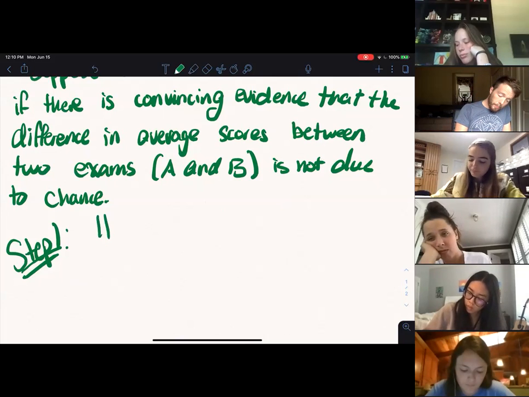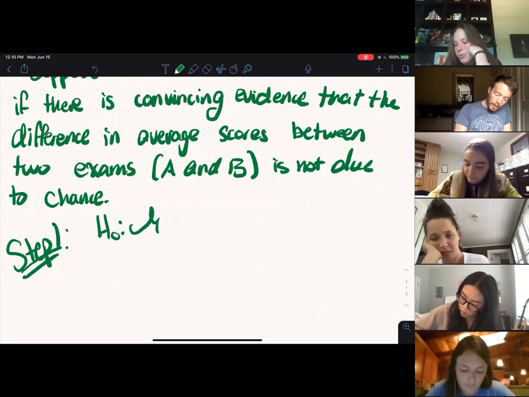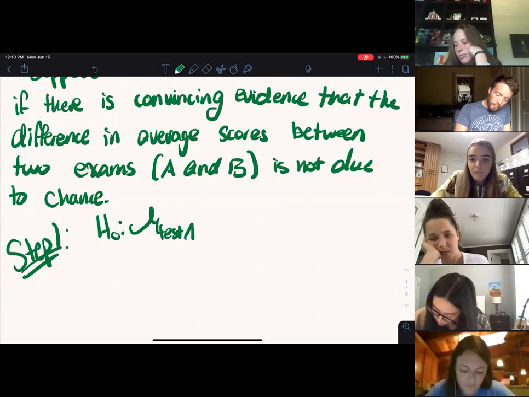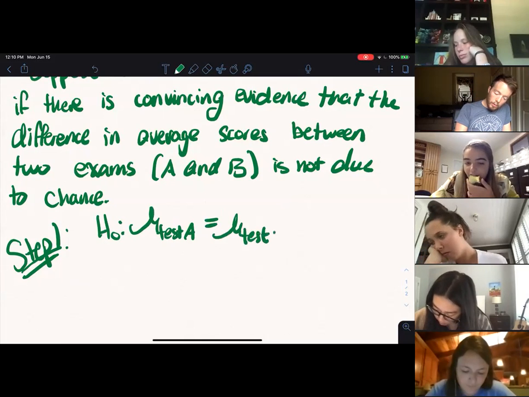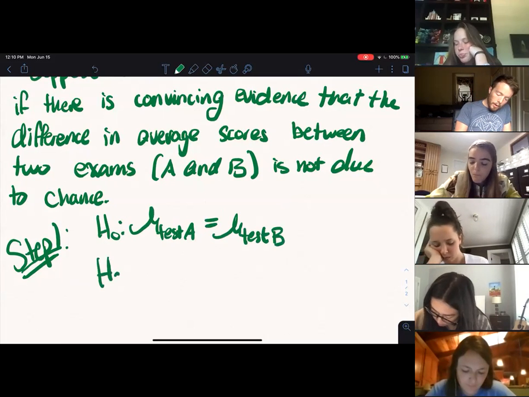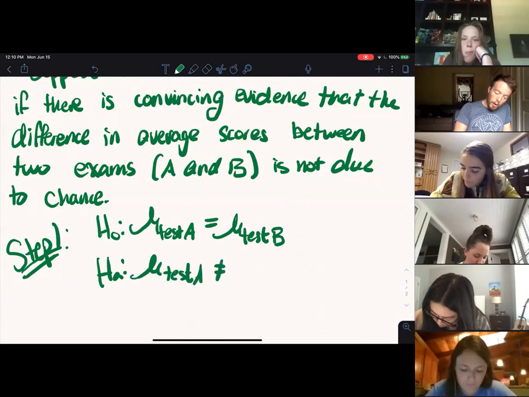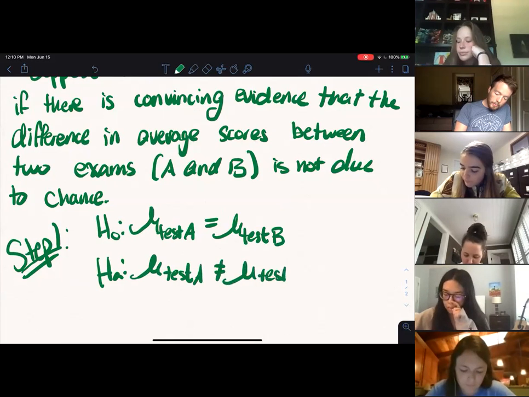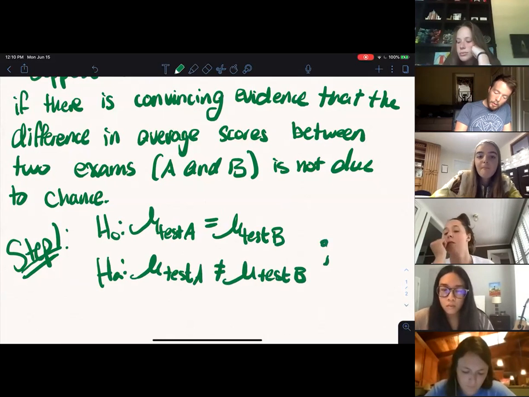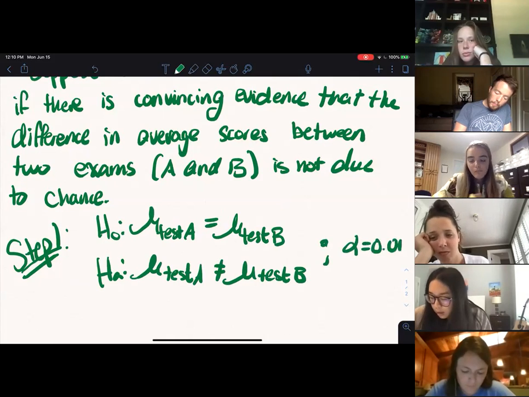So here we have that test A is equal to test B as our null. We'll assume that they're correct, and we'll test that against the alternate hypothesis, the claim that the scores of the two of them are not actually equal. And we use an alpha of 0.01.